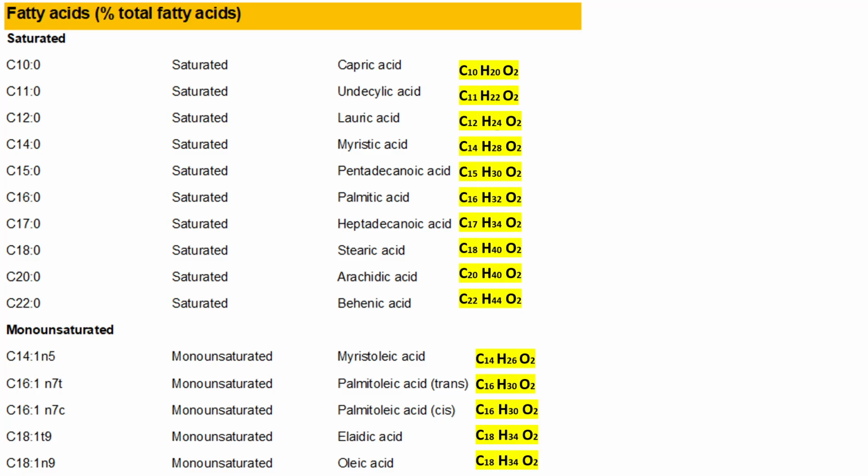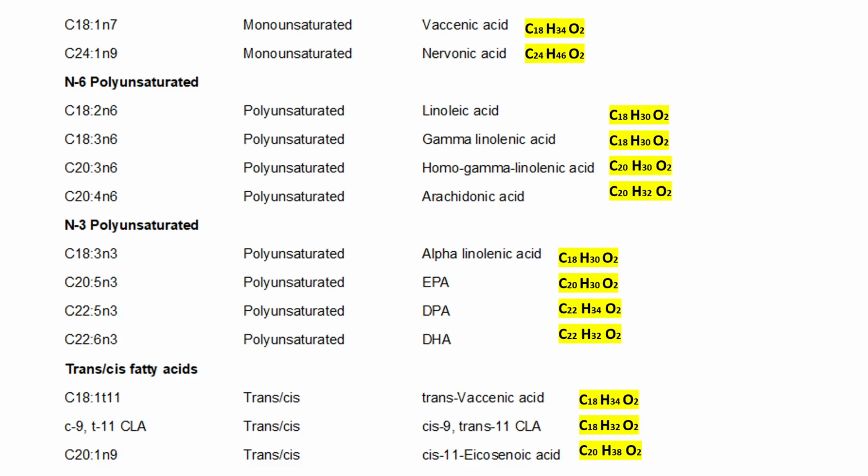Taking this a step further, let's look at our fatty acids. As we start with our saturated fats and we look at our monounsaturated fats, you look at the construction, it's all carbon, hydrogen, and oxygen, nothing else. You go into your omega-6 polyunsaturated fats.